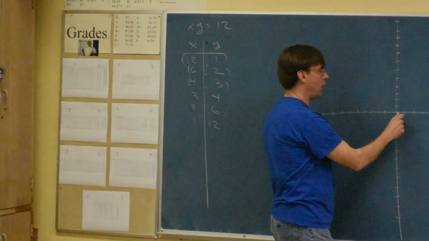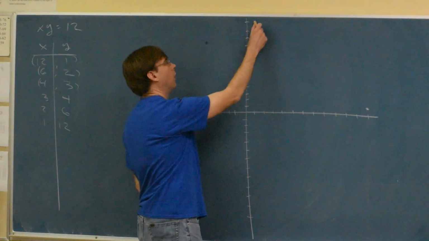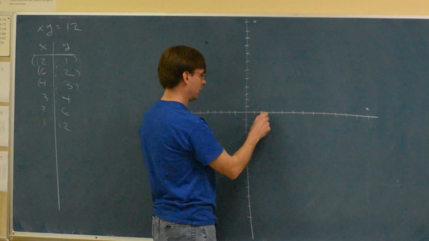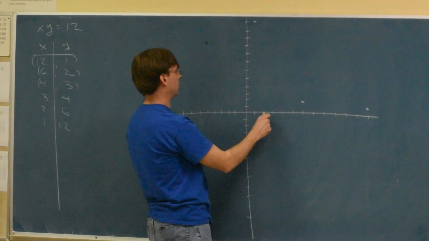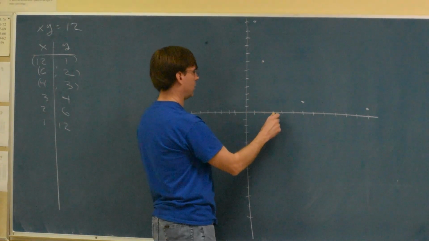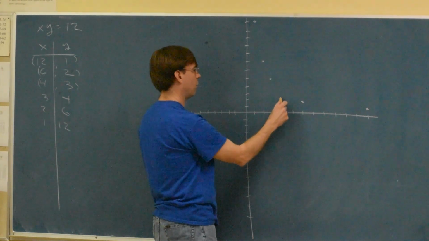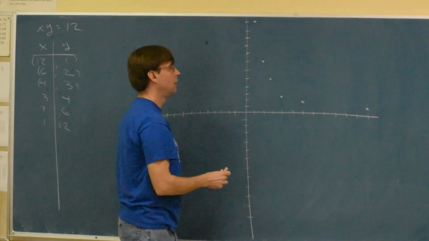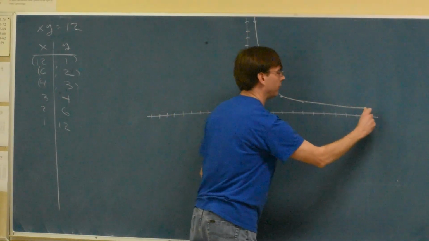So like 12, 1 is over 12 and up 1. There's also a 1, 12. 6, 2, and 2, 6. 3, 4, 4, 3. And you can see, here comes a U shape.